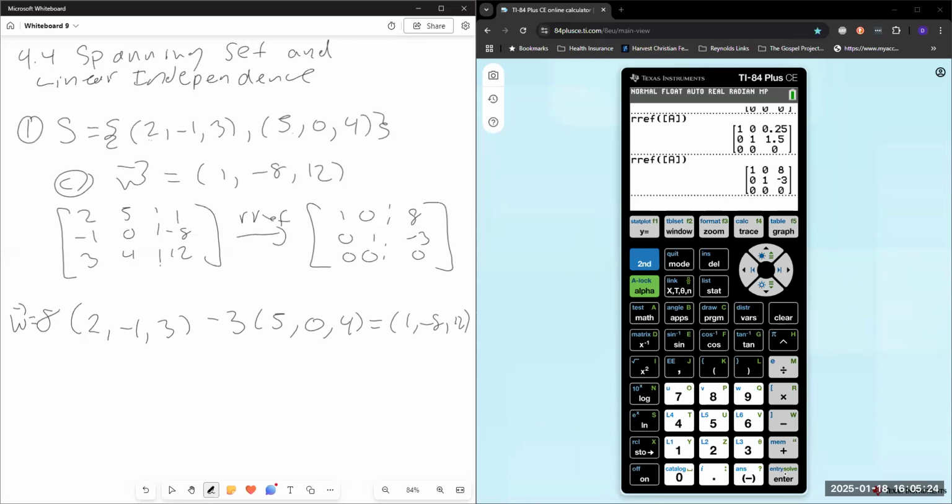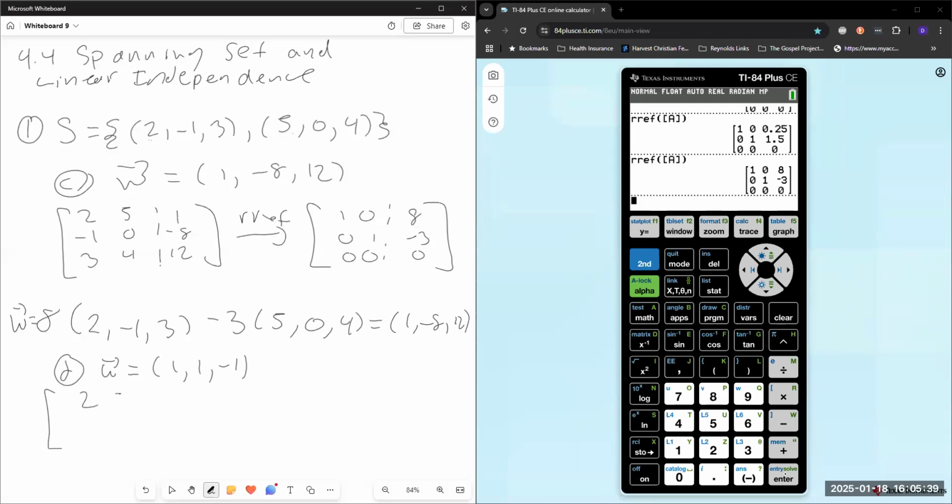So let's go ahead and see if we can write down here u equal to (1, 1, -1).